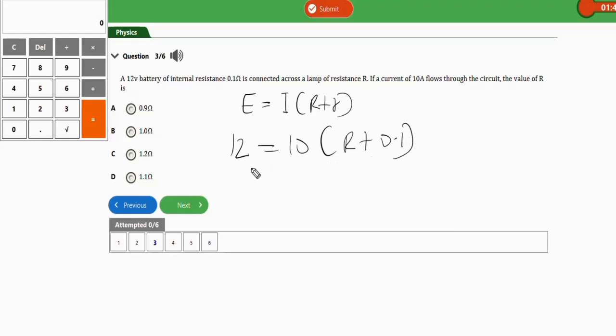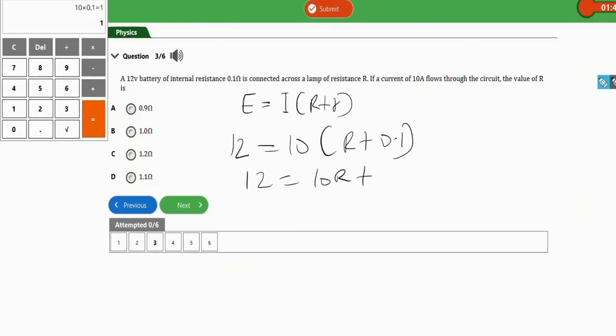Let's break this down. This is 12 equals 10R plus, when you punch this on the calculator, 10 times 0.1, we have it to be 1.